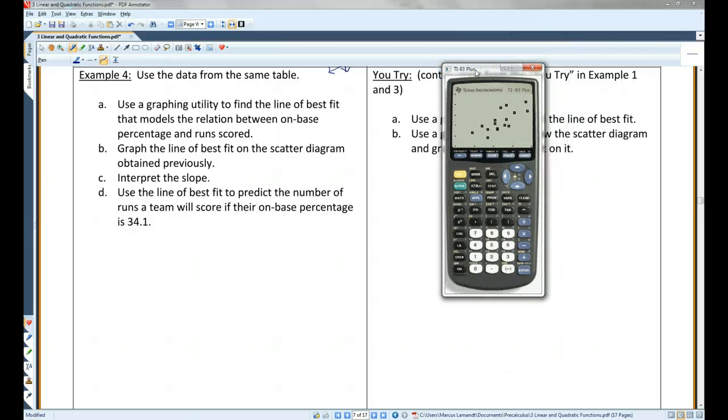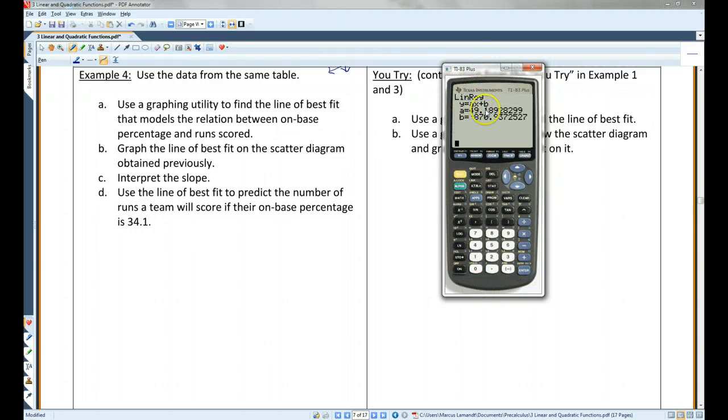Alright, graph the line of best fit on the scatter diagram obtained previously. Okay, so that's what we're going to do. Alright, if you go to stat, and you go to calc, you're going to go to linear regression, that's number 4. Then you're going to hit vars, go to y vars, function, and we're going to hit y1.